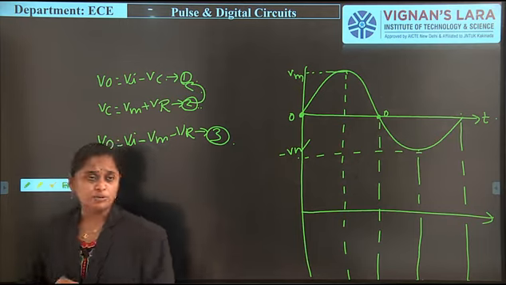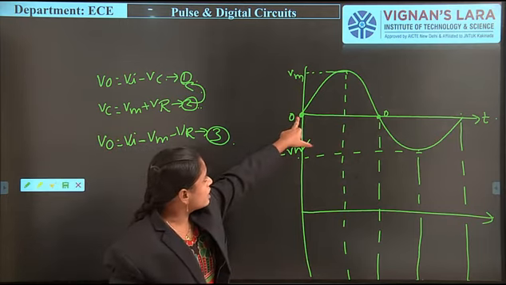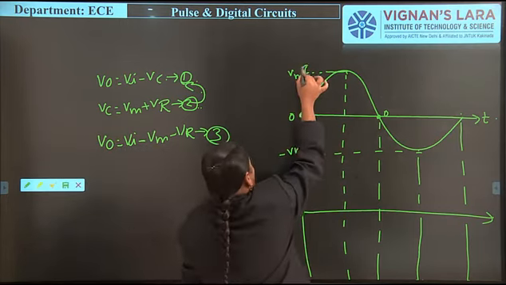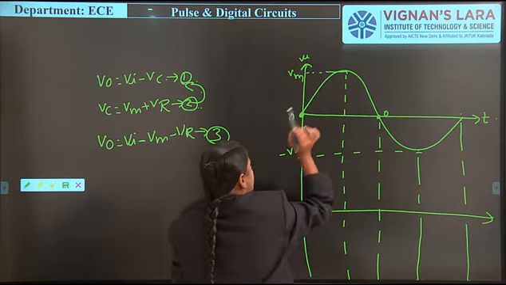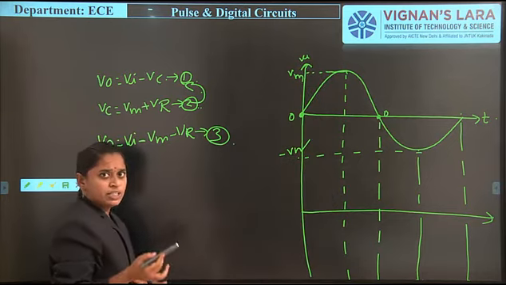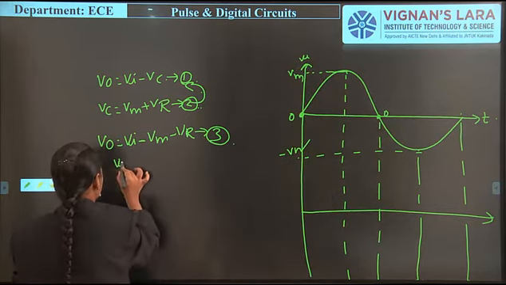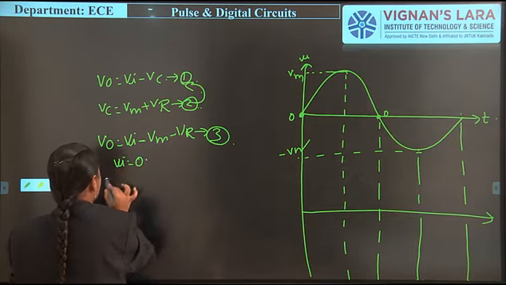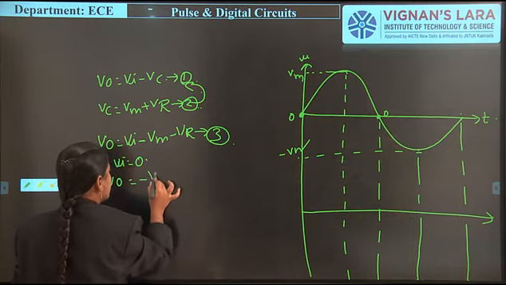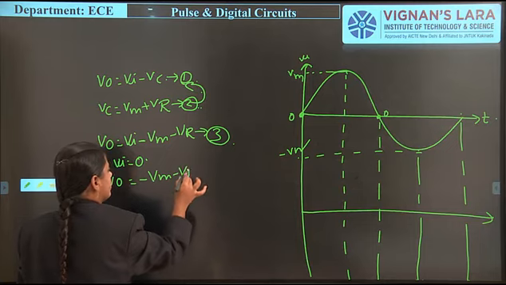The first condition: the input starts at 0, so Vi is equal to 0. Then V naught is equal to minus Vm minus Vr.